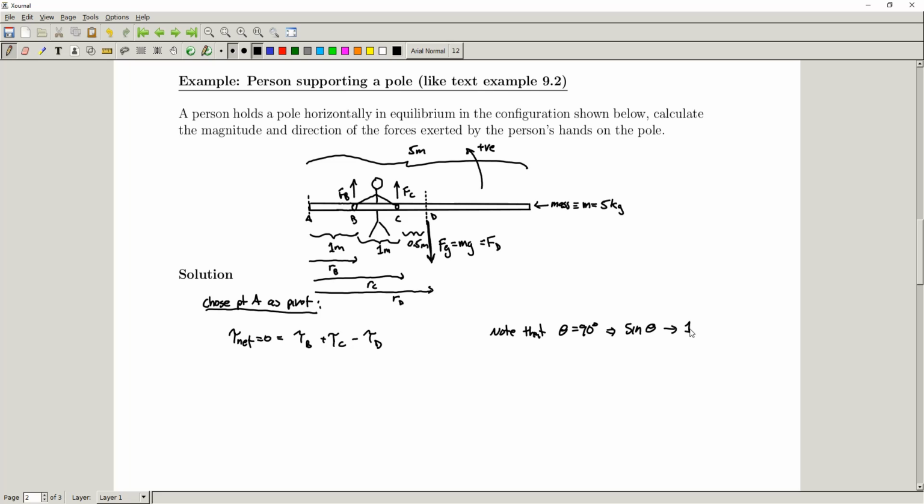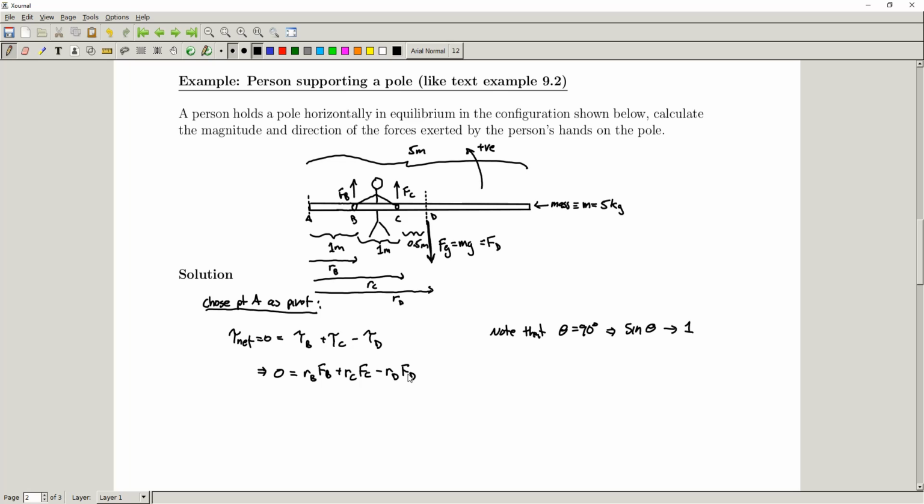So instead of rewriting each of these taus with a sine theta in it, I'm just going to skip that step and set them to 1 right away. So we're going to find that 0 is equal to RB FB plus RC FC minus RD FD, okay?